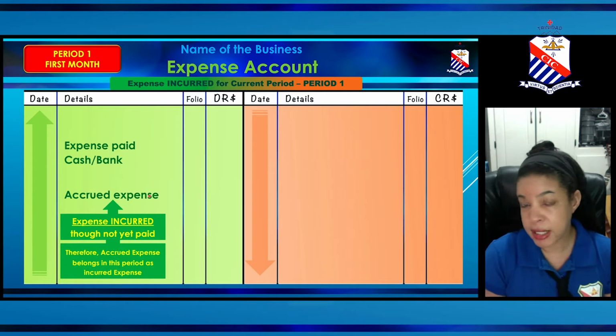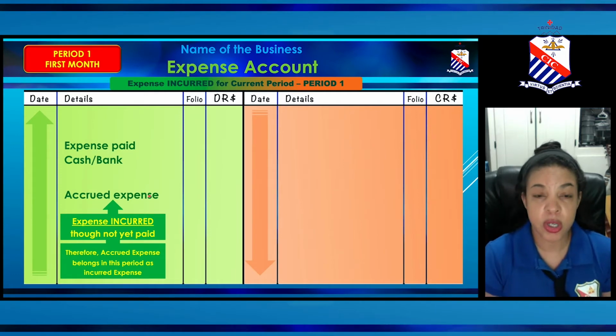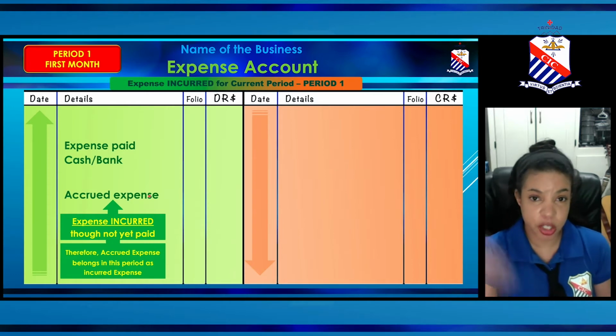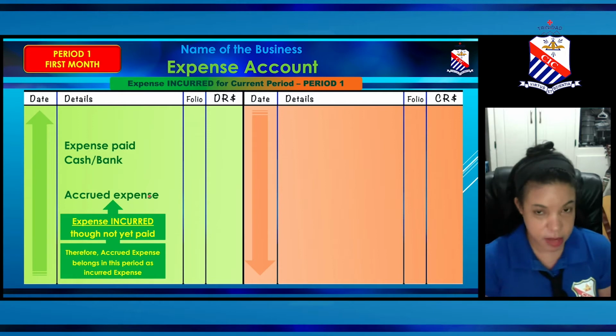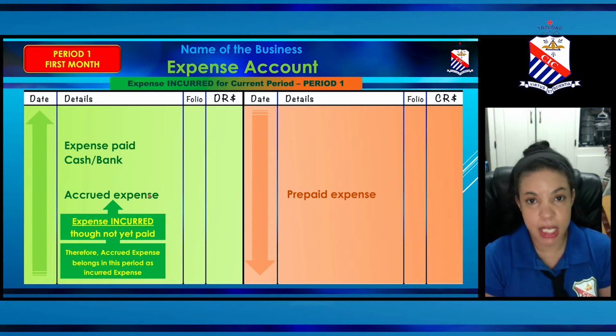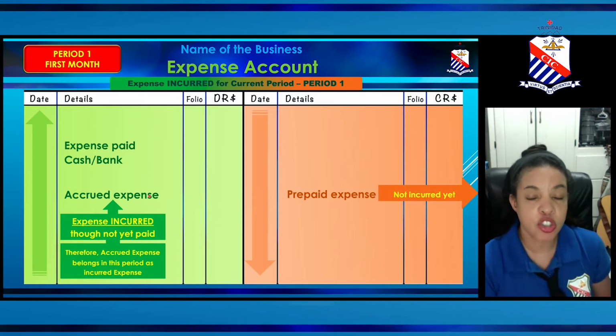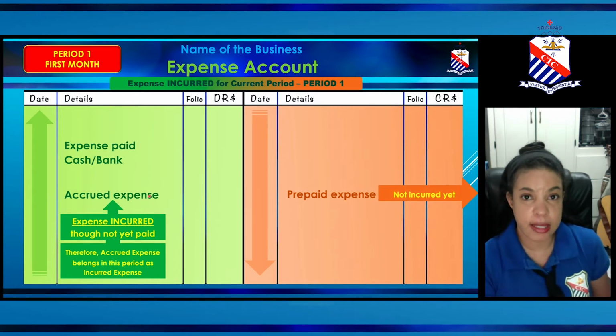Then we have the credit side, and what we said for the credit side is that it is used to record any decreases in the expense. Now, what is considered a decrease in the expense? Any prepaid expenses, or expenses that have been paid in advance. Paid in advance is we have paid for the expense, but it has not been incurred as yet.